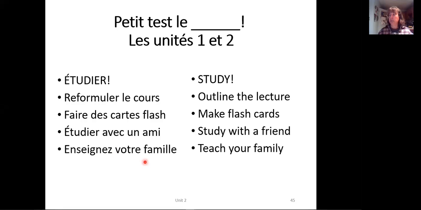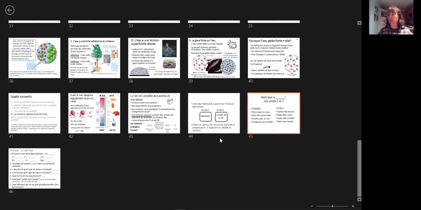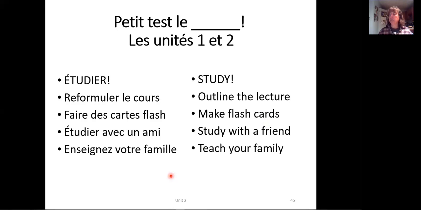Another way to study is you can make an outline of the lecture. And I think I had you guys do that for the first lecture. Where you take the main topic.